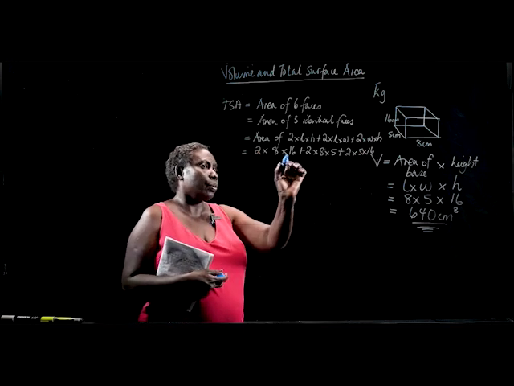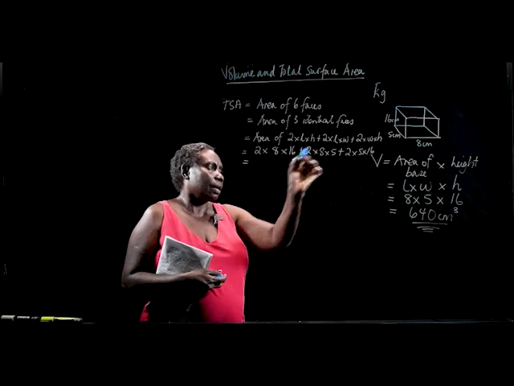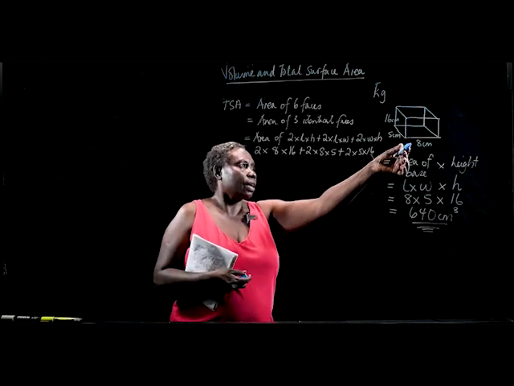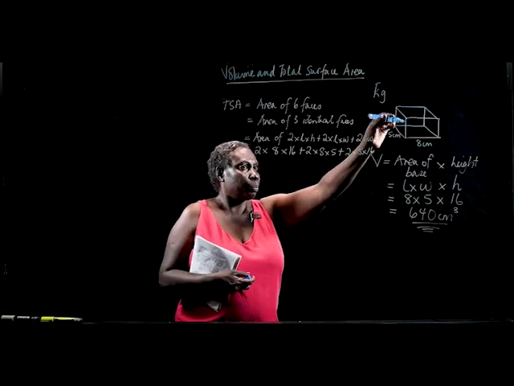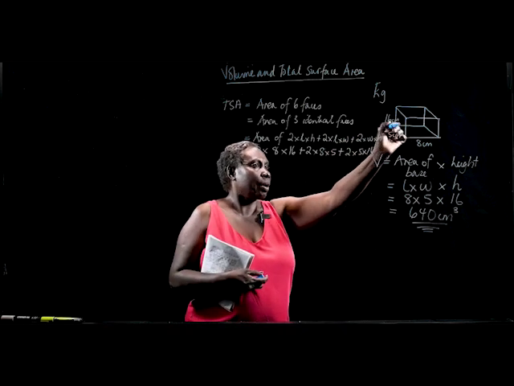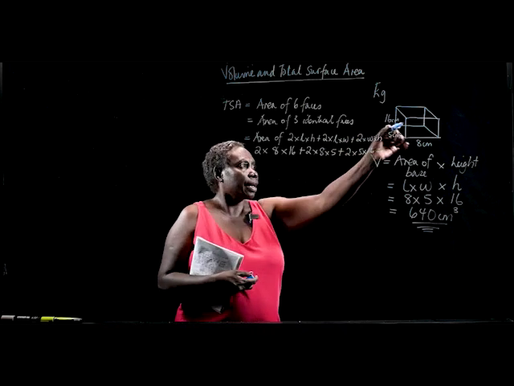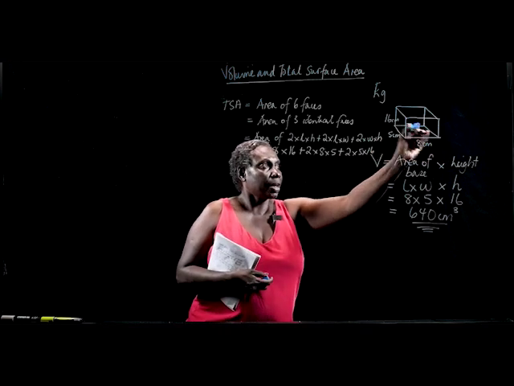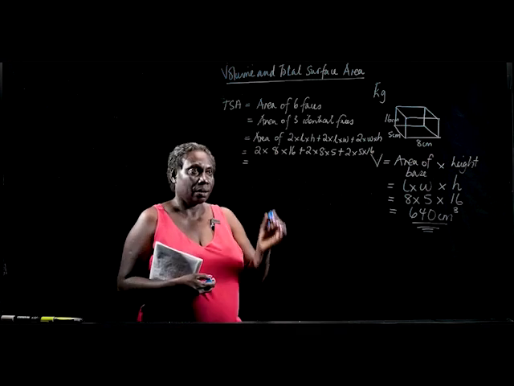So, now we have the areas of the front and the back plus the areas of the top and the bottom plus the areas of the right and the left side.